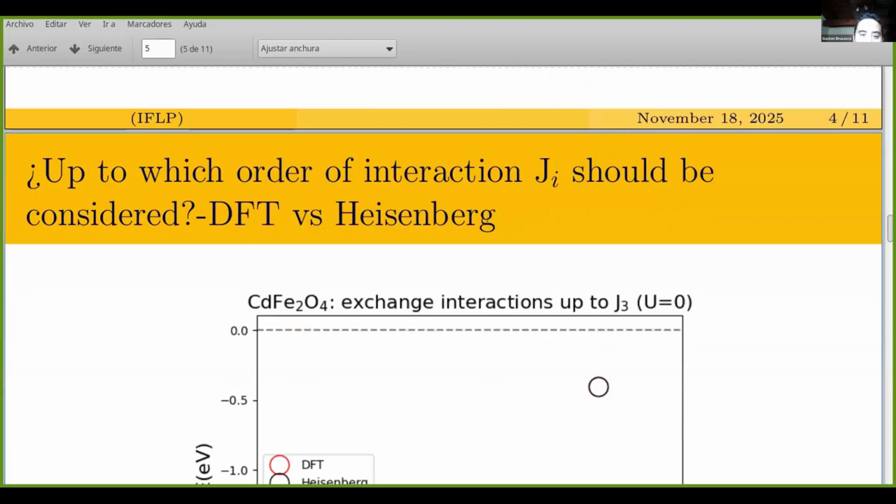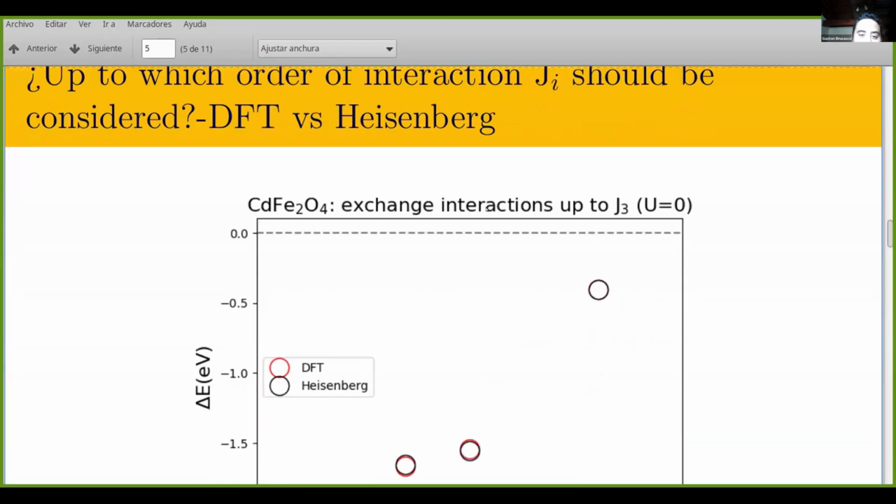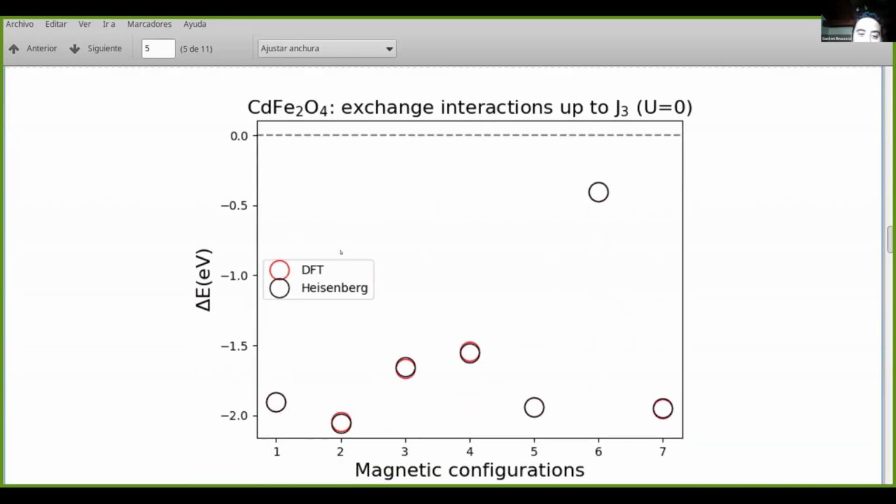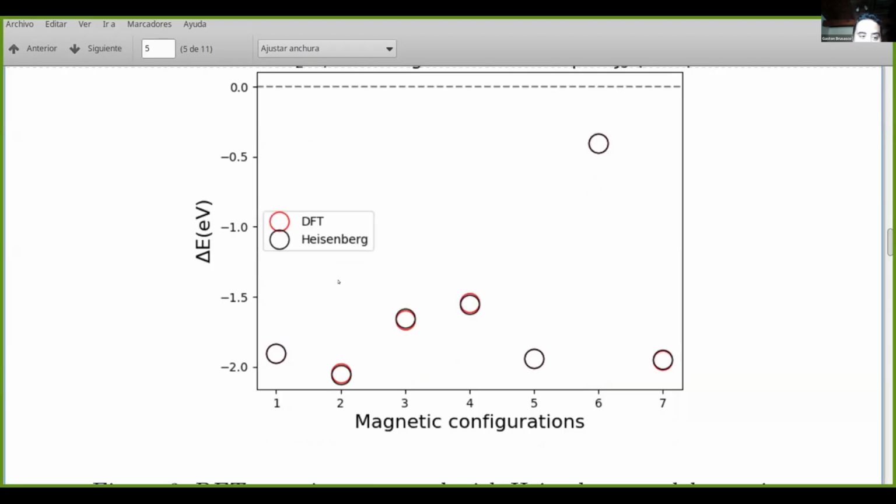Up to which order of interaction in J will you be considering? Here, we can see for cadmium ferrite an excellent agreement between energy by DFT, red circles, and energies for the Heisenberg model, black circles.